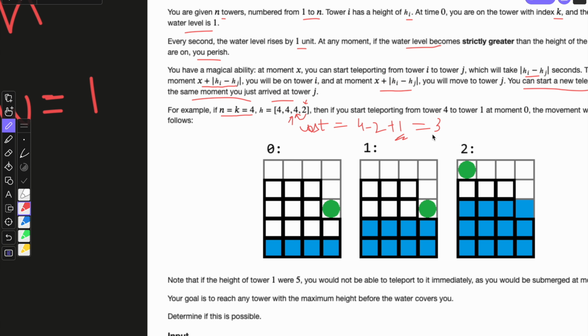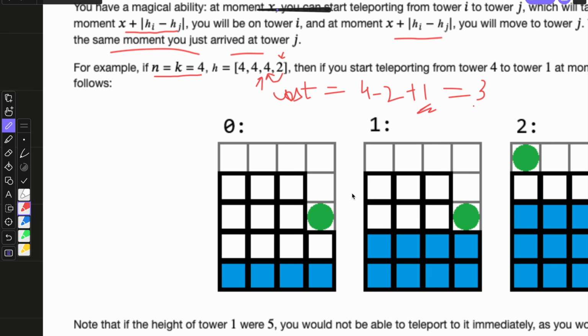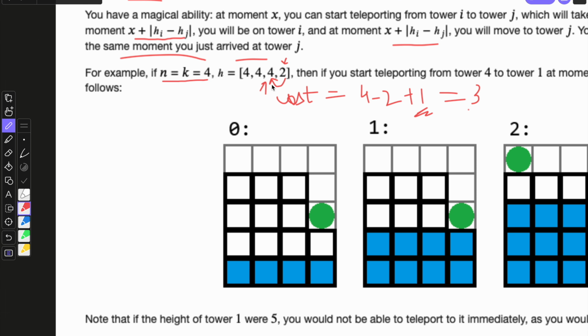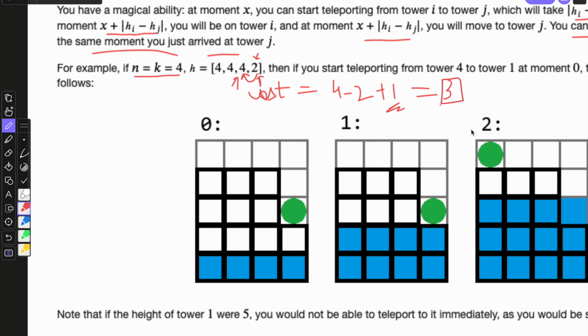We can see that we were able to do this transition from 2 to 4. The height of the current tower is 2, while the total cost is 3, and we were able to make this transition.